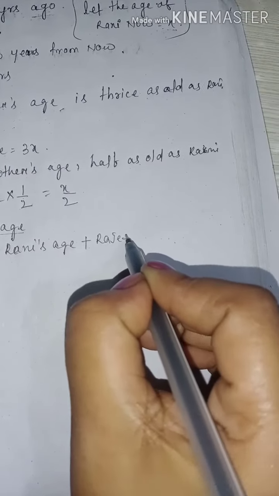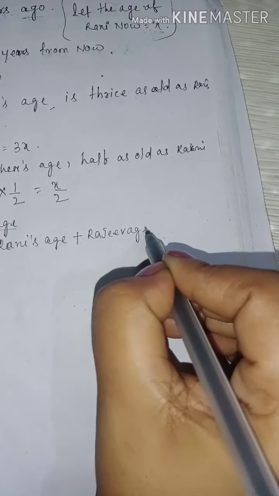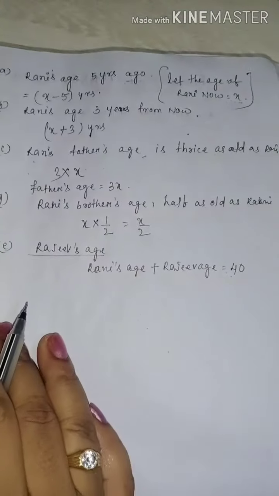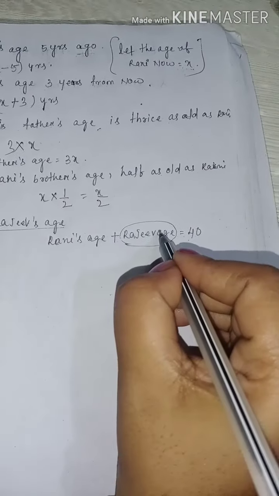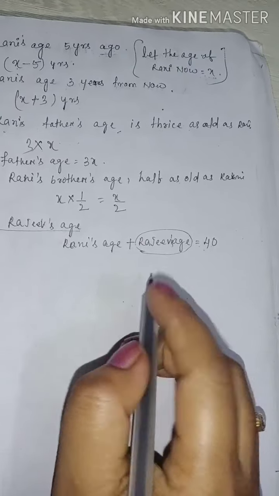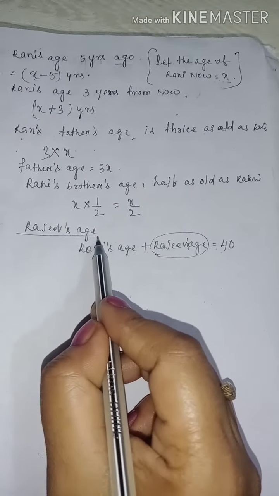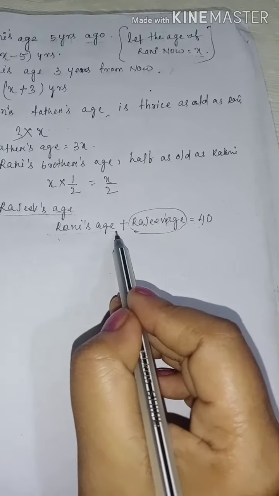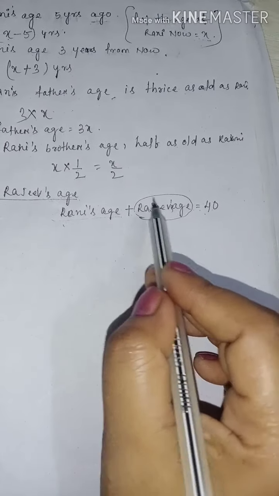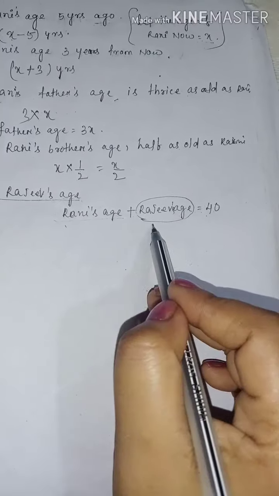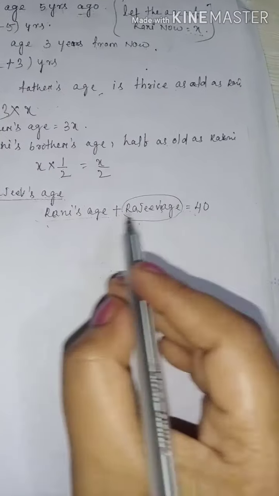Rajiv's age is not given, but if we add the ages of both, we get 40.